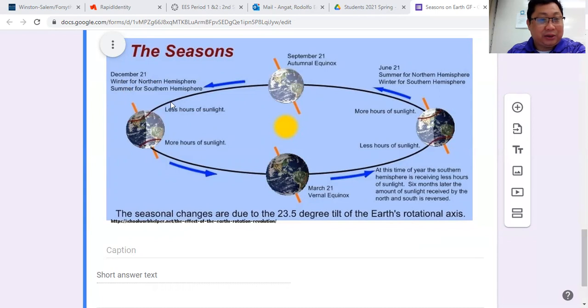So that is during the winter solstice. So again, you have to remember the seasons in the northern hemisphere are opposite to the seasons in the southern hemisphere. Winter in the northern hemisphere, summer in the southern hemisphere.